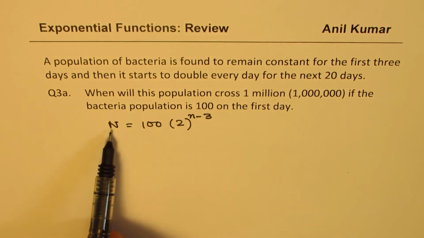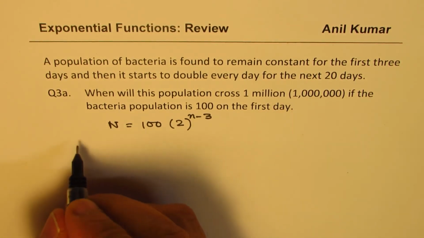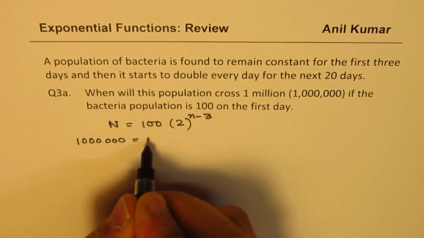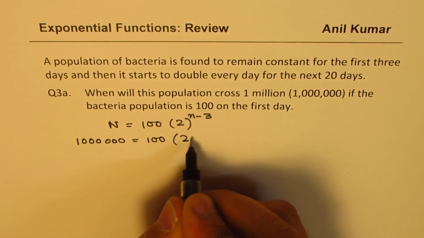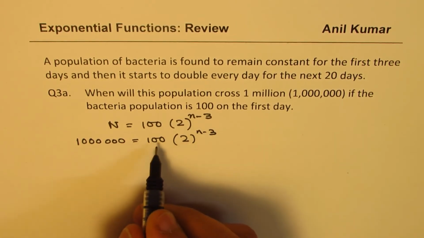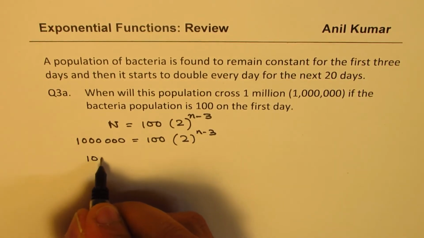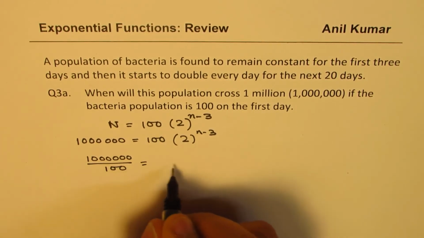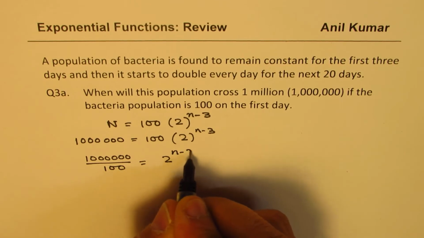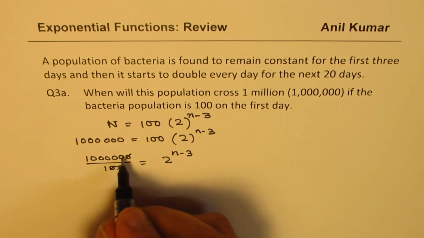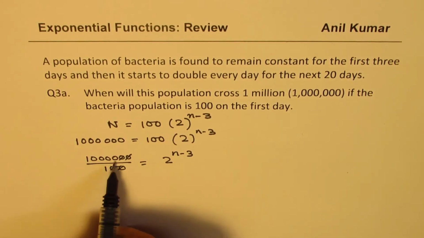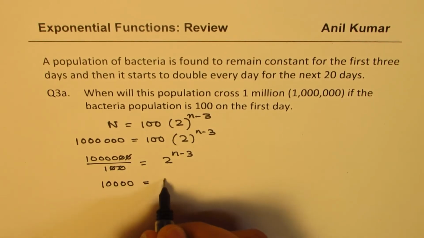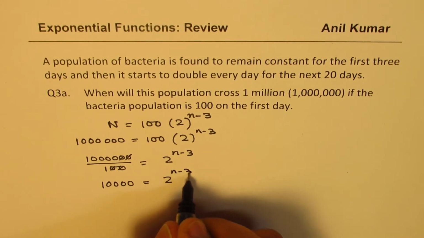This capital N can now be replaced with 1 million, which is 6 zeros, equals 100 times 2 to the power of n minus 3. We can divide by 100, so we get 1 million divided by 100 equals 2 to the power of n minus 3, and that gives 4 zeros equals 2 to the power of n minus 3.